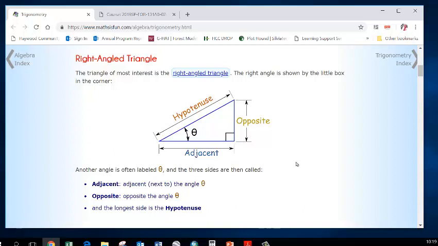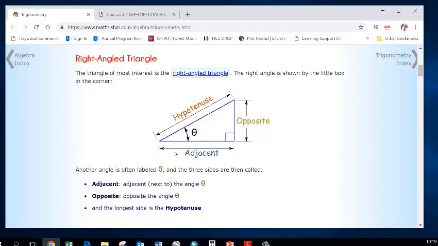But before we do that, theta is usually measured at the angle on the bottom that's connected to the 90-degree angle. So that's usually what we consider to be theta. And so if we're measuring slope, this would be the horizontal distance, this would be the slope distance, and this would be the vertical distance.